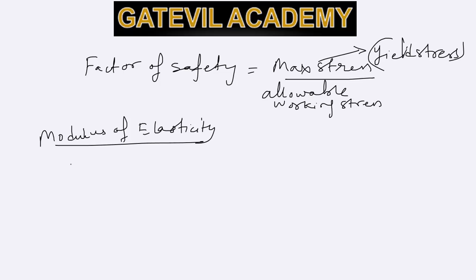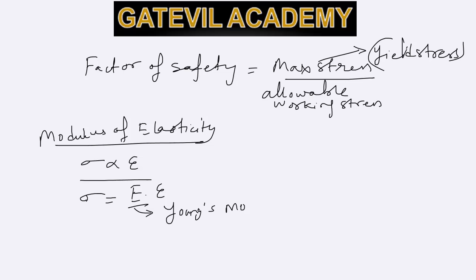For this we'll take help of Hooke's law. Now according to Hooke's law, stress is directly proportional to strain. A constant of proportionality is added between them, which is equal to modulus of elasticity. This constant of proportionality is known as modulus of elasticity, or also known as Young's modulus.